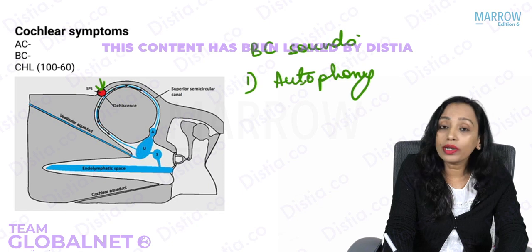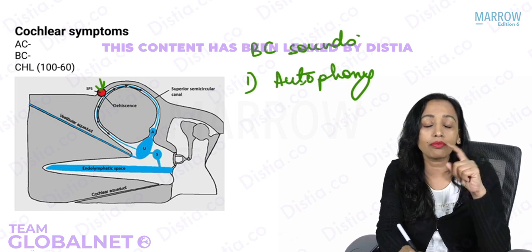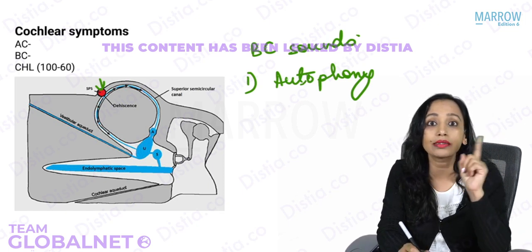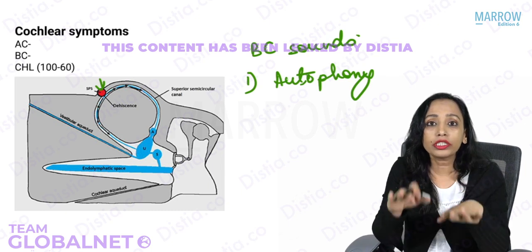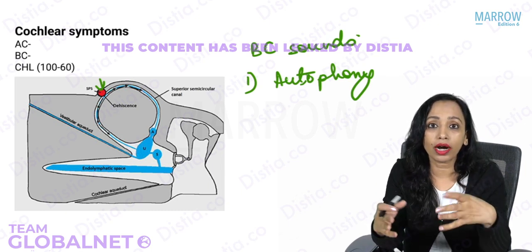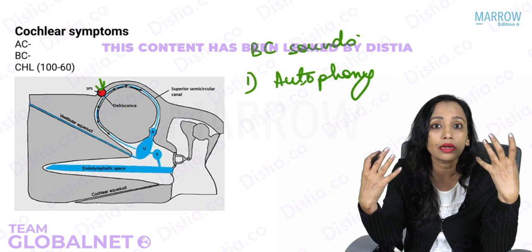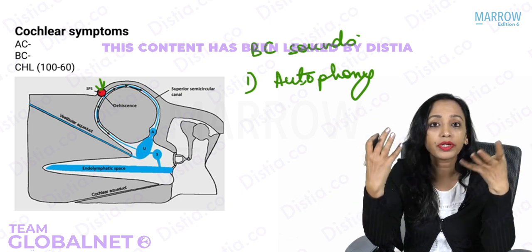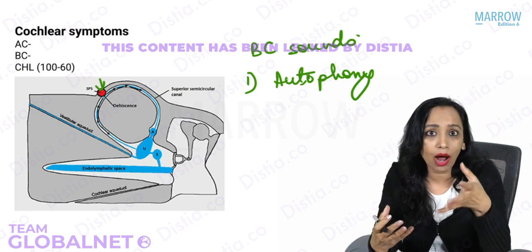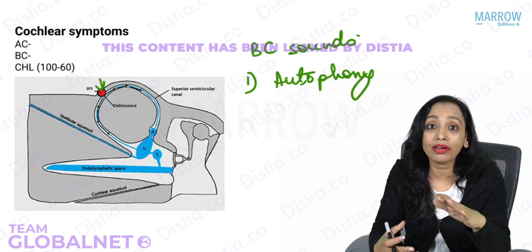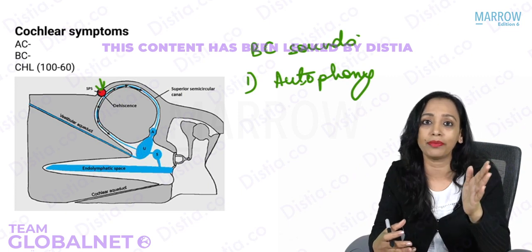Autophony. Not only this, even minor sounds like movement of the eyes inside the eyeball, the footsteps, all these sounds which are conducted through the bone of the skeleton, they will now abnormally be transmitted into the inner ear, and these sounds which we usually never hear, they will be perceived by the patient.